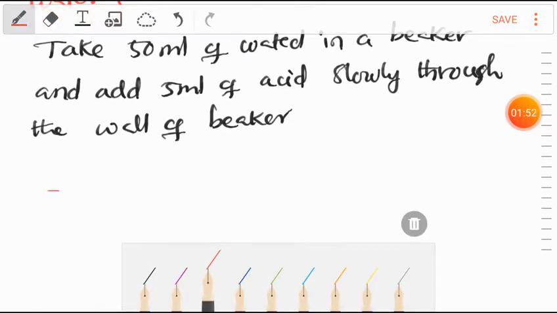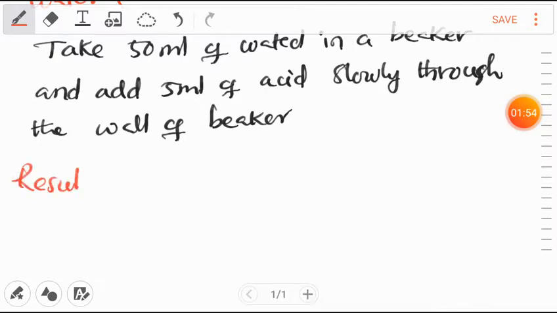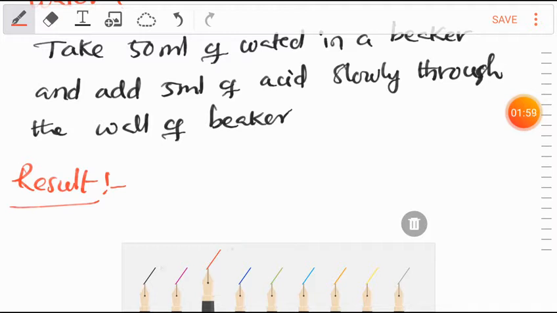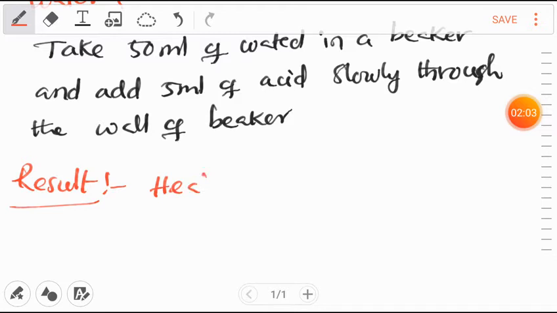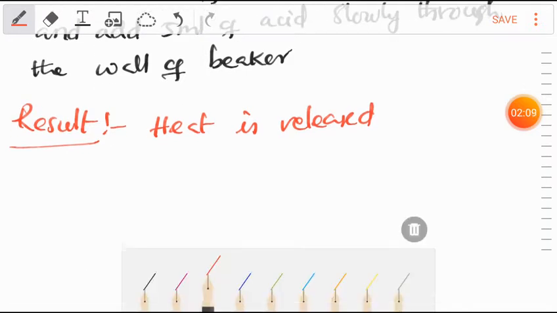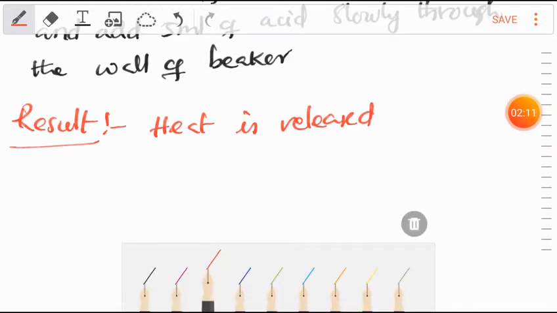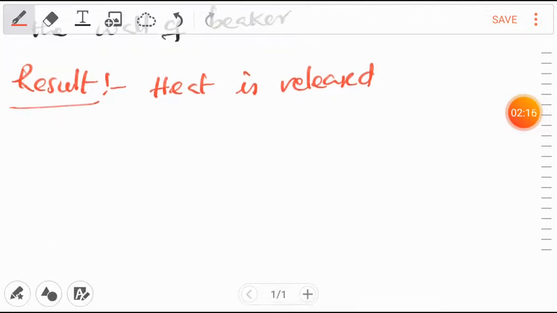So the result we will write. Result. So what will happen? Heat is released. Result is heat is released. So what do we call it when water is added to acid or acid is added to water?